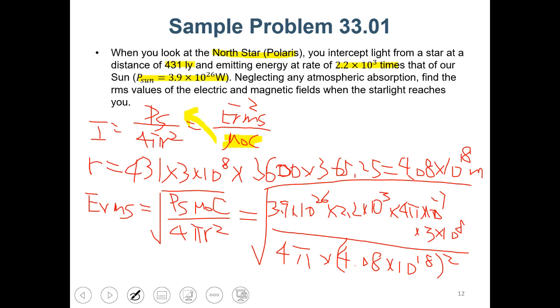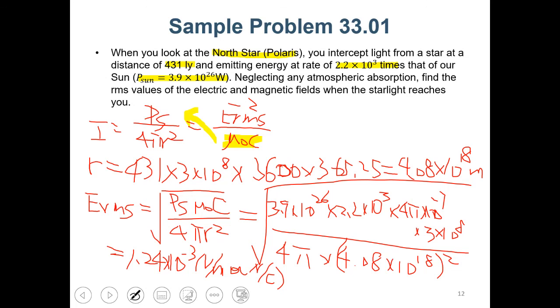So in this case it is 1.24 times 10 to minus 3 V/m, or N/C. Depends which one you like.